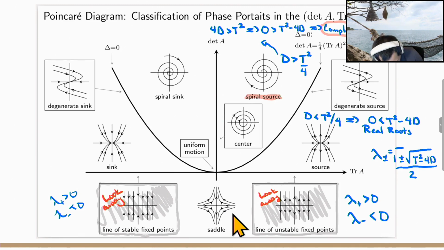Trace has got to be 0. And if the trace is 0, this term right here, t over 2, is 0, so I get plus or minus. So lambda plus or minus is equal to plus or minus the square root of negative 4d over 2.